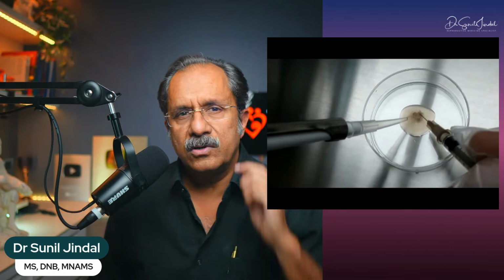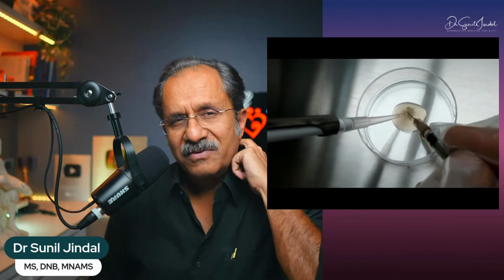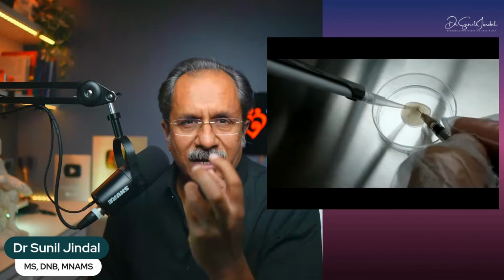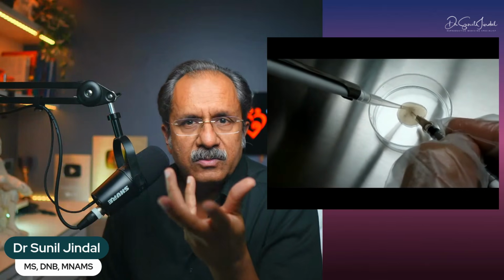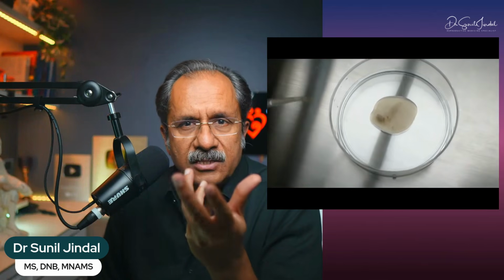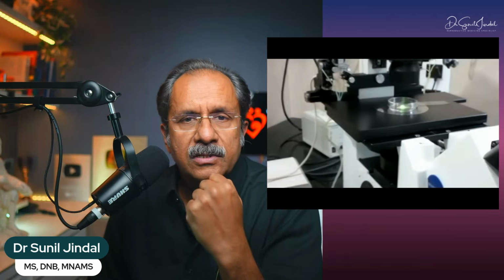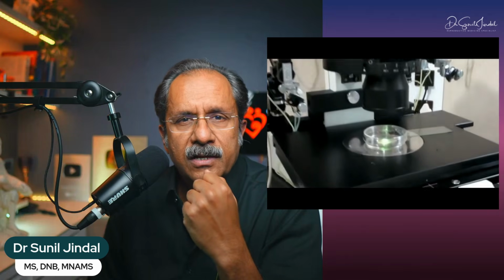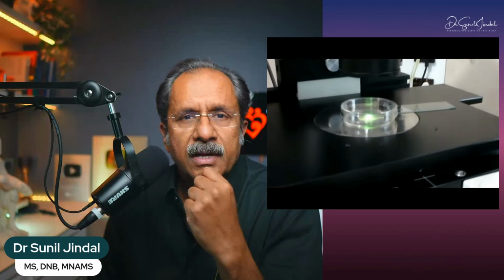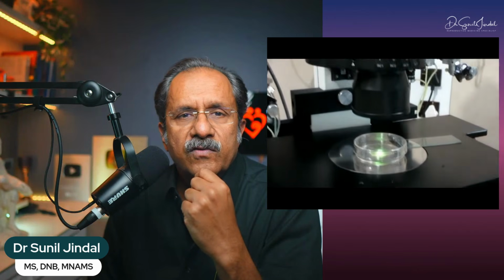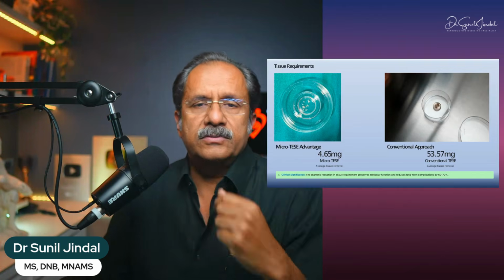Now this is what we're going to pulverize, chop off, so that these may open up and sperms may come out. And these are the sperms. This is how it looks. Now this is what we are going to take to the microscope. And under a microscope, we're going to observe. And this is when we are going to find sperms in this and use those sperms.